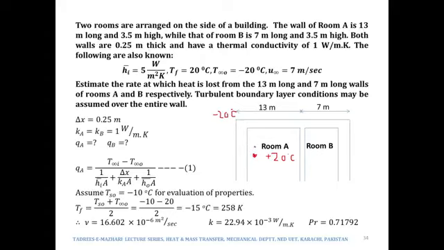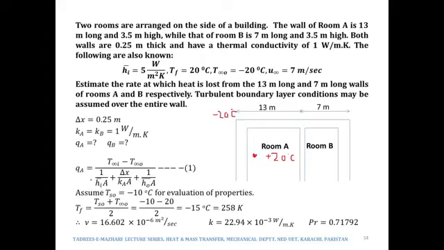One is the convective resistance between the inner air and the inner wall, and then there would be a conductive resistance in Cartesian coordinates through the thickness of this wall, and then there would again be convective resistance between the outer wall and the atmospheric or ambient air. So there would be 1 over HA, there would be delta X over KA, and there would be 1 over H naught A. So if we use this simple expression, we would be able to get QA and similarly QB.